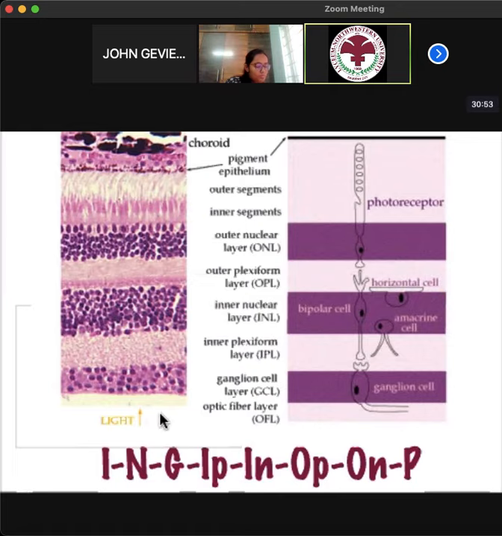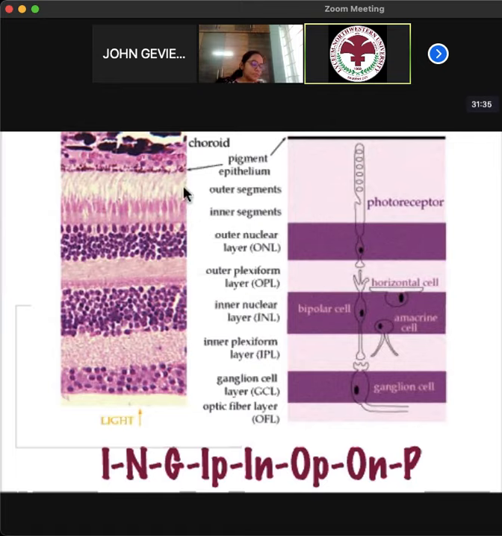So from inner to outer layer: ILM, or internal limiting membrane, followed by nerve fiber, ganglion cell, inner plexiform, inner nuclear, outer plexiform, outer nuclear, your photoreceptors, the inner segments and outer segments of your photoreceptors, followed by your RPE, or retinal pigment epithelium, and choroid.